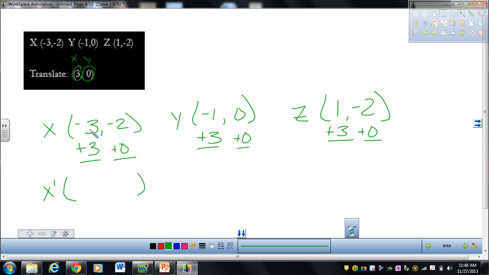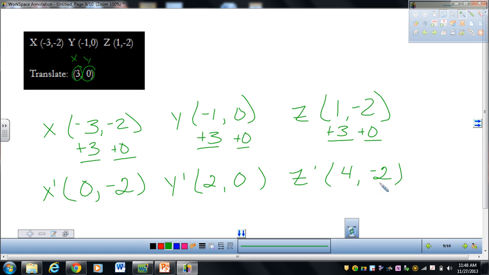So X prime is going to be negative 3 plus 3, which is 0, and negative 2 plus 0, which ends up being negative 2. Y prime is going to be negative 1 plus 3, which is a positive 2, and 0 plus 0, which is 0. And then Z prime is going to be 1 plus 3, which is 4, and negative 2 plus 0, which is negative 2.